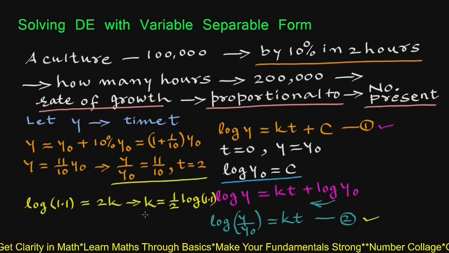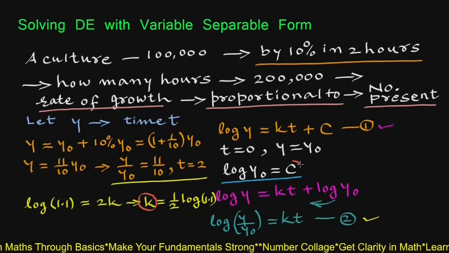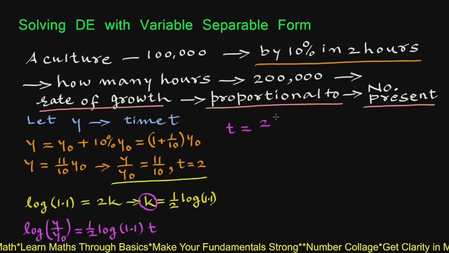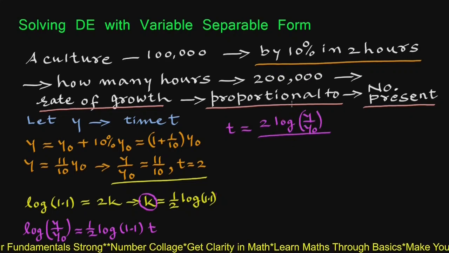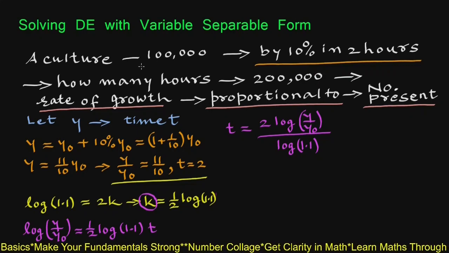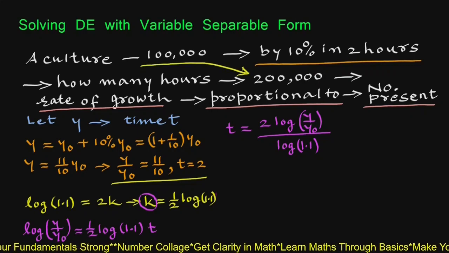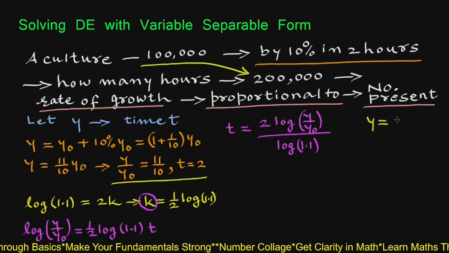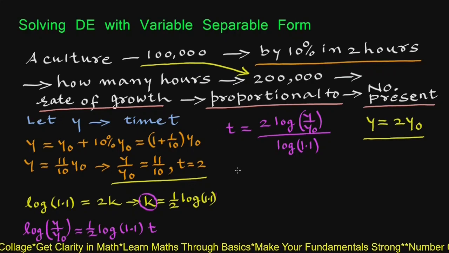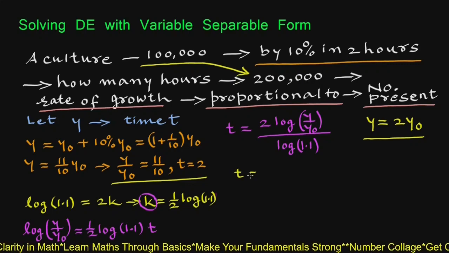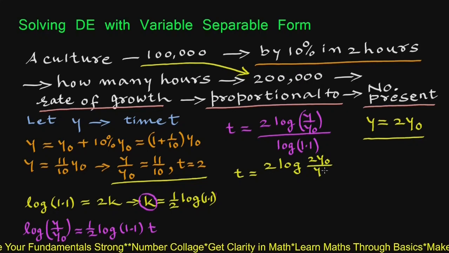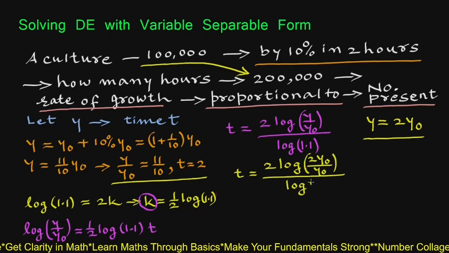Now we will substitute the value of k and value of c in equation 1. t will be 2 log y upon y0 upon log 1.1. It is given that number of bacteria increased from 1 lakh to 2 lakh, which means y equals 2 times y0. Substituting this, time required for this increase in bacteria count will be 2 log 2y0 upon y0 upon log 1.1.